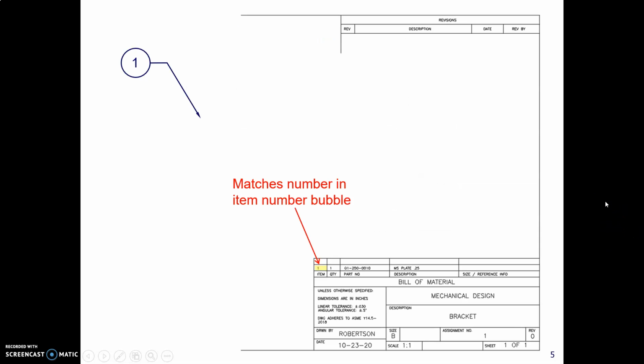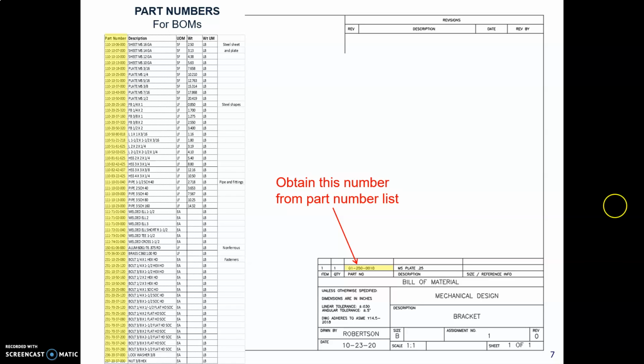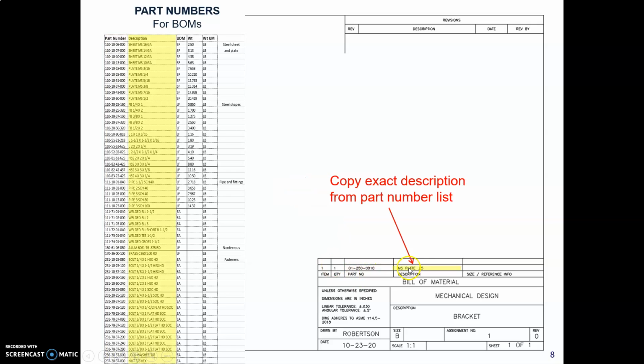Then you've seen these slides before. So your item number bubble will go in your bill of material. Your quantity will go in your bill of material. Here is the part number. This is what we're talking about right now. So you come over to your part number spreadsheet and find the part number for 1.5" pipe. Then you copy the description.